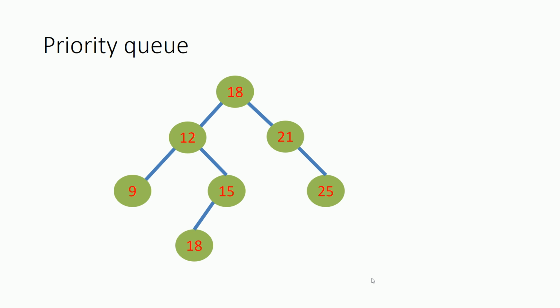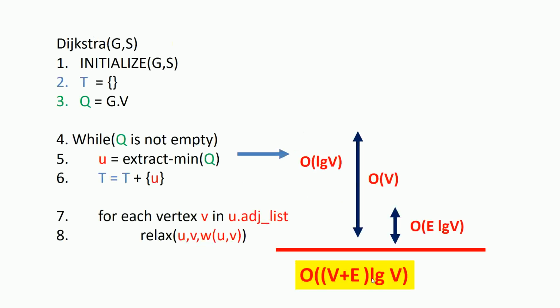Now if we use the priority queue data structure, let's analyze the runtime of this algorithm. Here, one extract min function call will take time proportional to log V, and we are going to call the extract min function a number of vertices times. Therefore, the total time taken by extract min will be V log V. Now the relax function will update the distance of certain nodes in our tree.